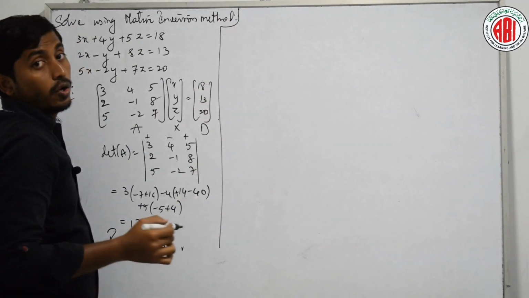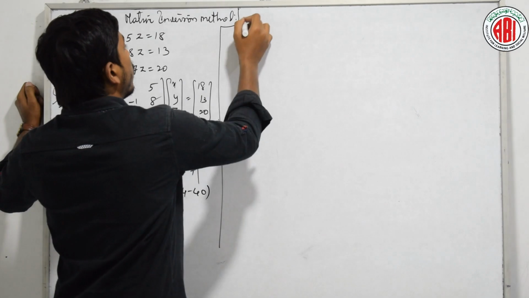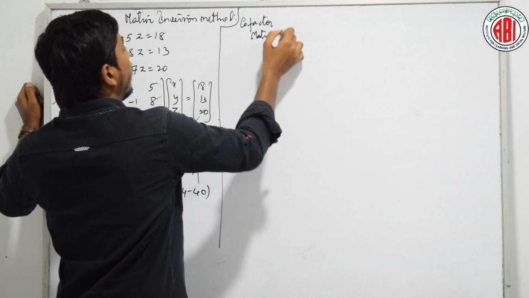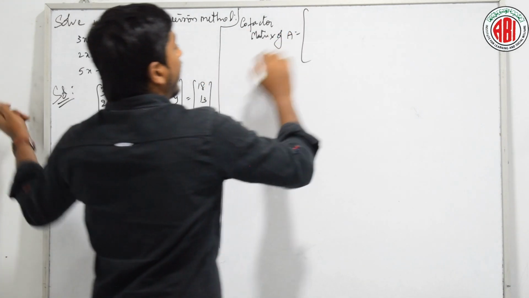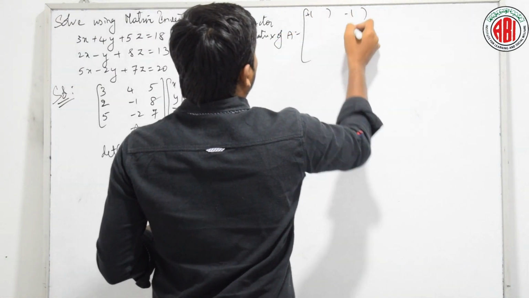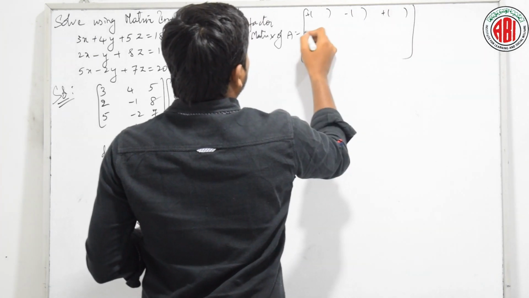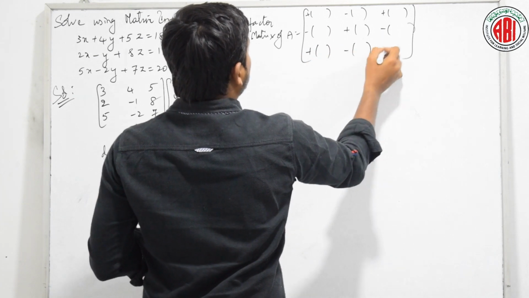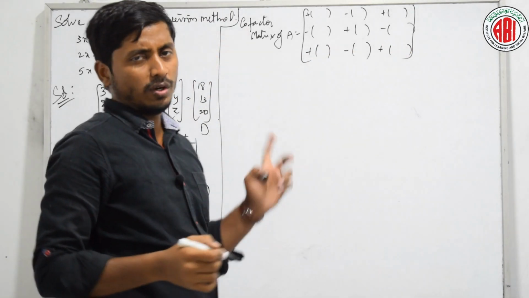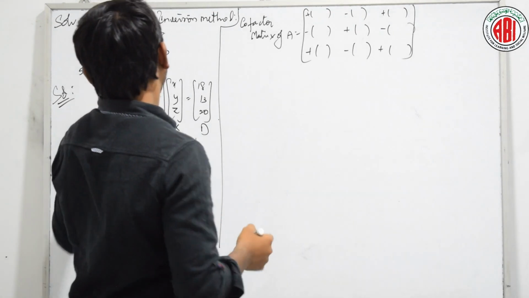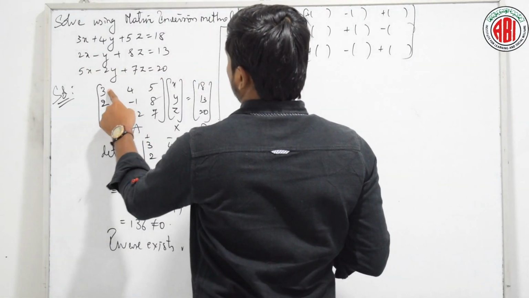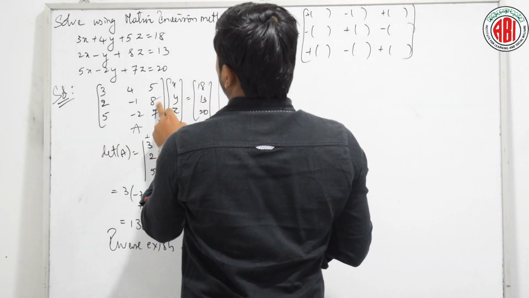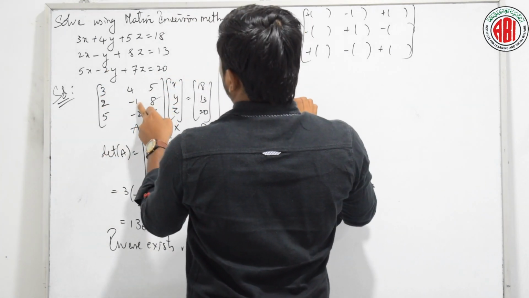What is the next step I have to do now? I have to find the cofactor matrix of A. That is plus, minus, plus, minus, plus, minus, plus, minus, plus. Hope you remember that. 3 into, first I have to find this value: I close this row and column, then multiply the determinant.